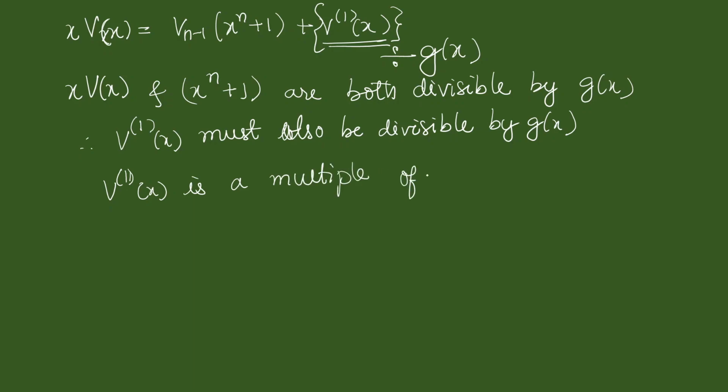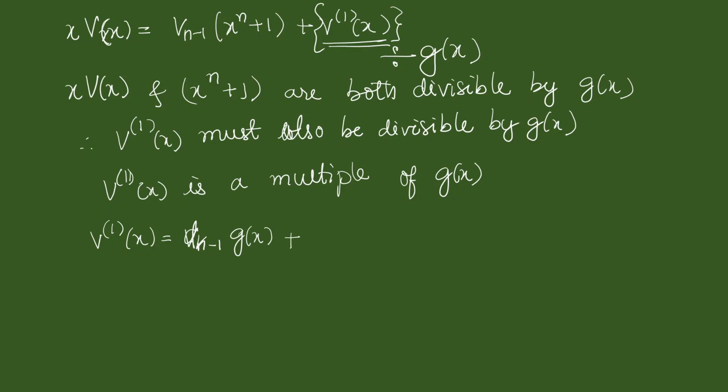v1 of x is a multiple of g of x, which can be written as a linear combination of those k number of polynomials. That is, v1 of x can now be written as something like this, which is d k minus 1 into the polynomial that I wrote into g of x, plus some vector.